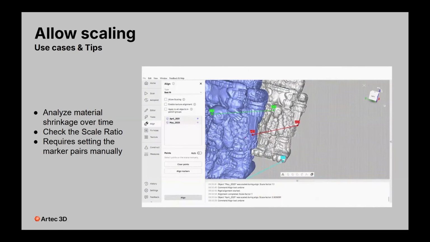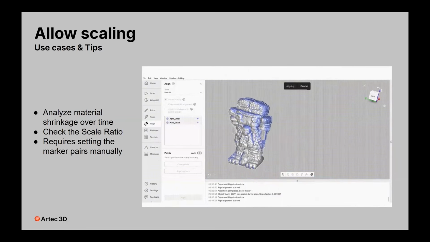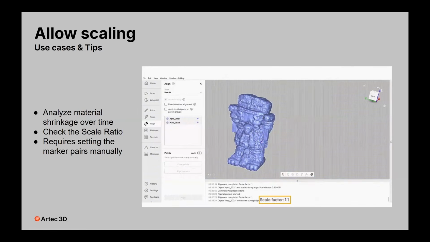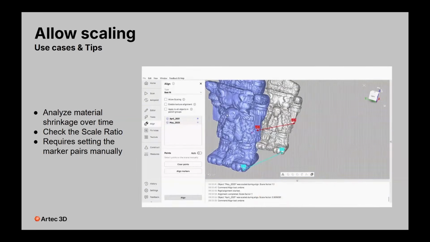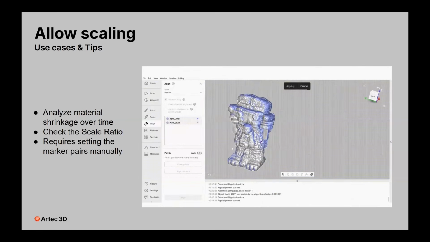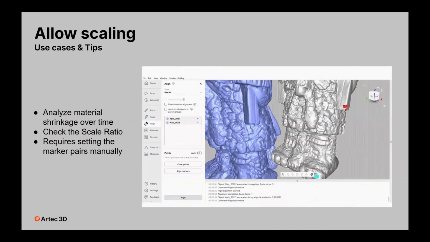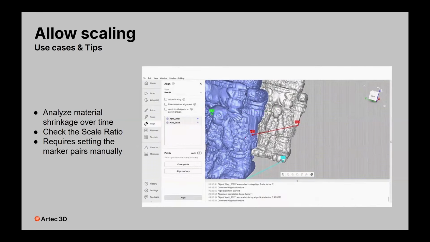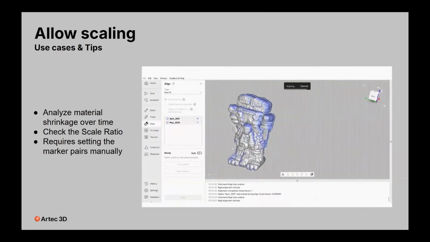It's also really important in this mode because they will serve as, let's say, anchors for your scaling. And in order to get the best results, the most accurate scale factor, ideally you would want to align them really precisely.